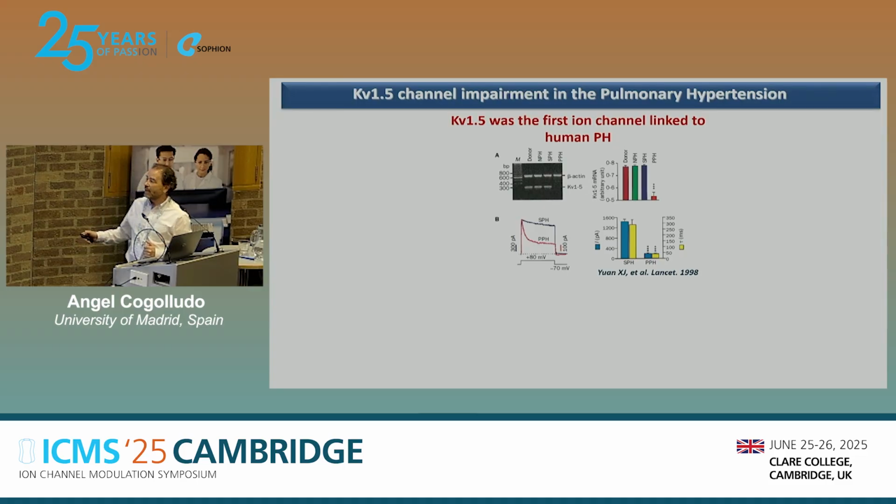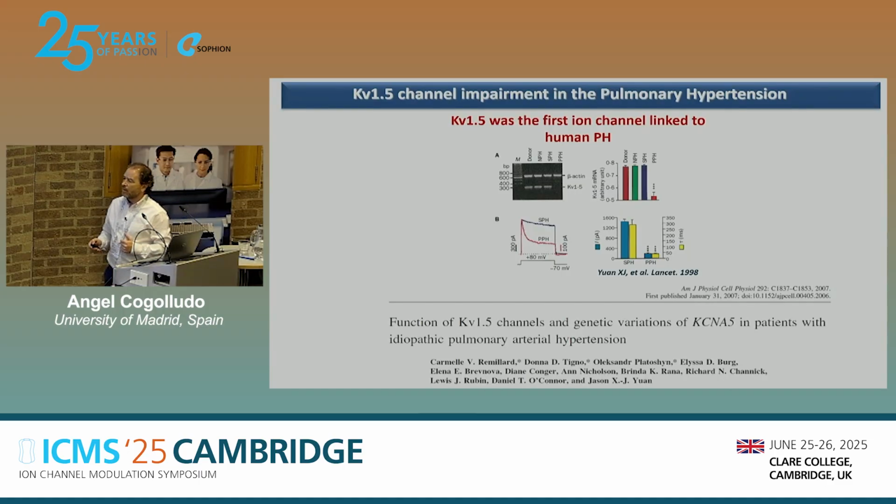This was in the late 90s, where Jason Yuan and colleagues reported that Kv1.5 channel activity and expression was downregulated in pulmonary artery smooth muscle cells from PAH patients, from patients with pulmonary arterial hypertension. This group, years later, also reported some genetic variations in the gene encoding for Kv1.5 channels, KCNA5, in patients with idiopathic pulmonary arterial hypertension.